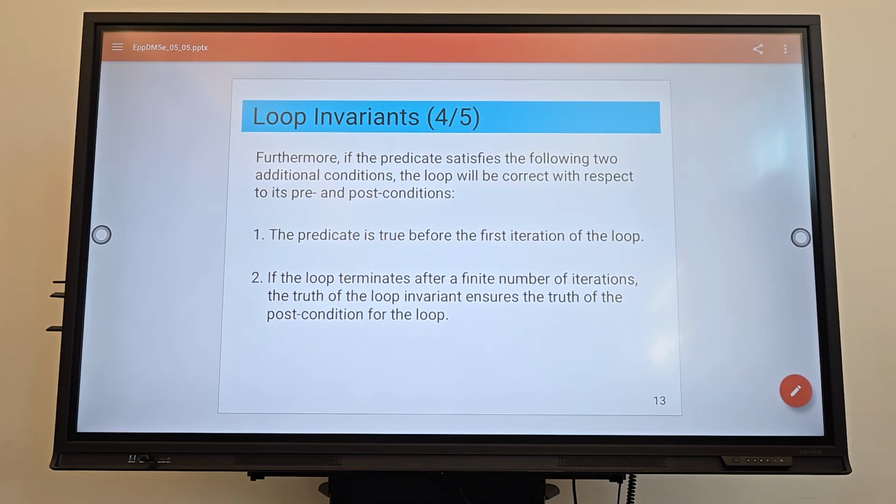Furthermore, if the predicate satisfies the following two additional conditions, the loop will be correct with respect to its pre- and postconditions. The predicate is true before the first iteration of the loop. If the loop terminates after a finite number of iterations, the truth of the loop invariant ensures the truth of the postcondition of the loop.